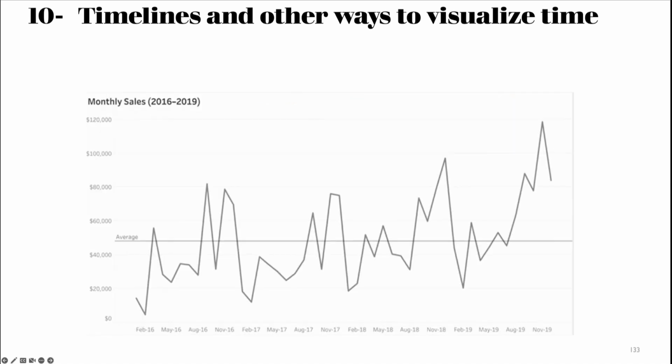Okay. Now suppose you want to know which month's sales were particularly good. So we are looking at a 4 year period showing monthly sales. I see this graph here, and I think this is a little noisy chart. So can you tell in which month sales were good?